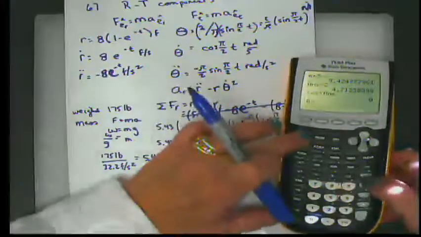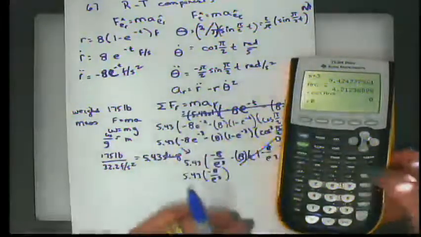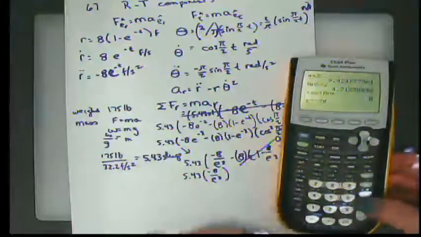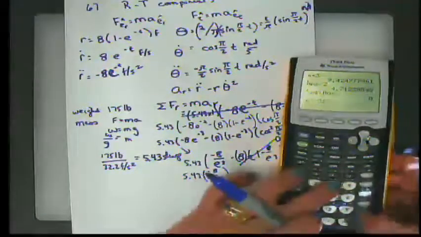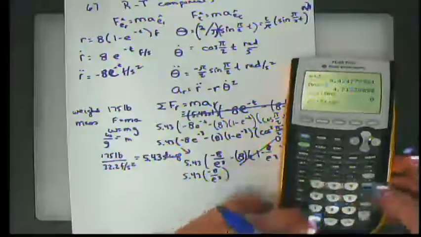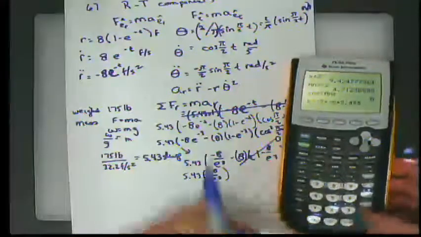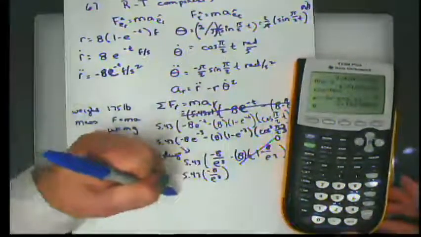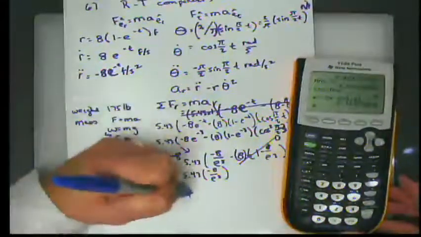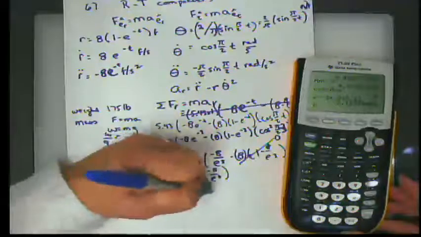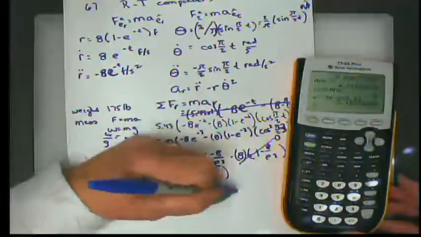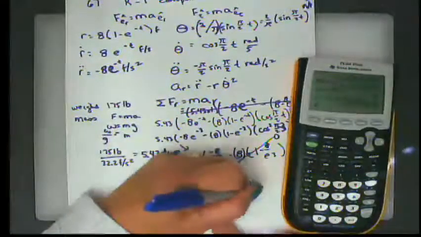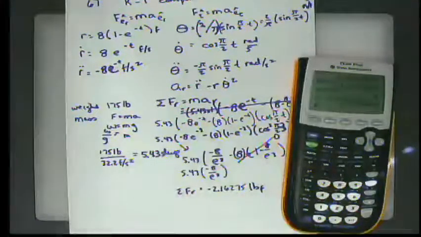There it is, second e, raised to the negative 3 times negative 8 times 5.43. All right, so I get that the summation of forces in the radial direction equals negative 2.16275, and that value is going to be in pounds of force. Okay?